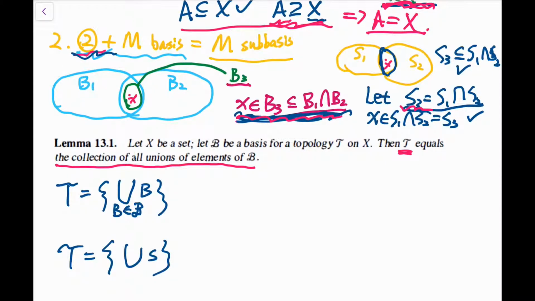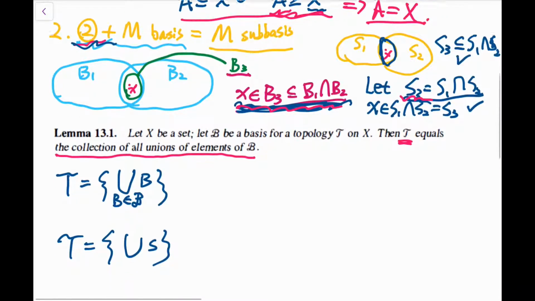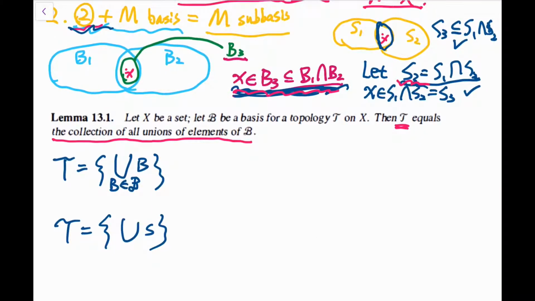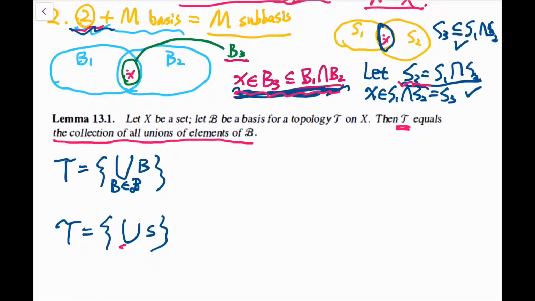So here we have two different kinds of subbasis elements. One is S1, S2, and we also have S3.